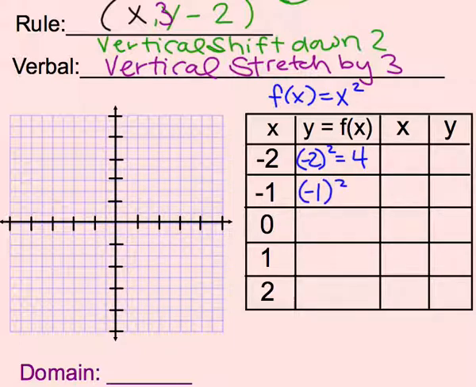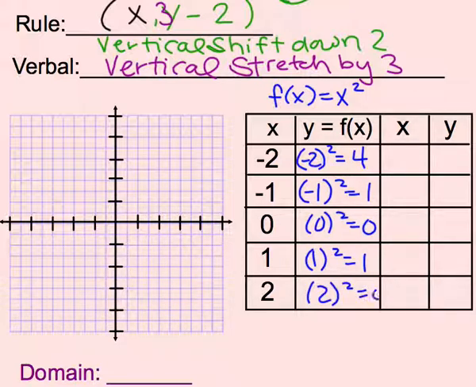Negative 1 times negative 1 is 1. 0 squared is 0. 1 squared is 1. 2 squared is 4. All right, let's go ahead and graph that. So 0, 0, 1, 1, negative 1, 1, 2, 4, negative 2, 4. So we get our quadratic function graphed out.